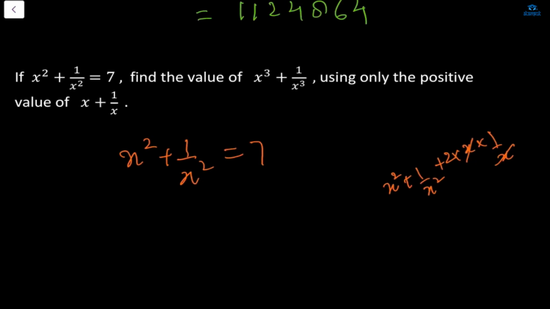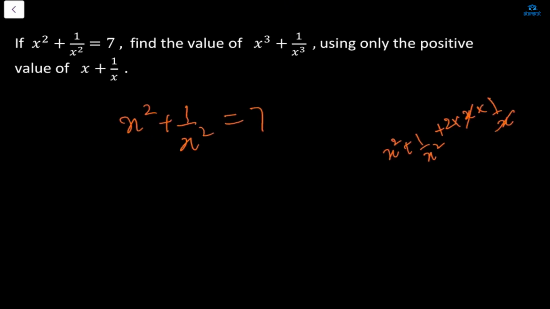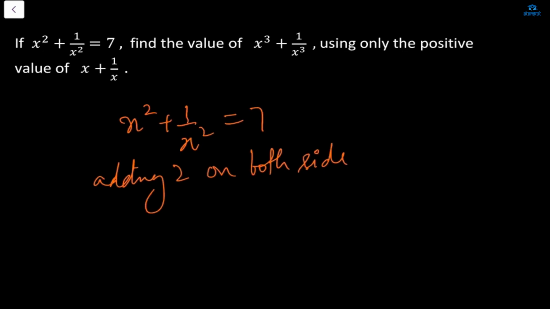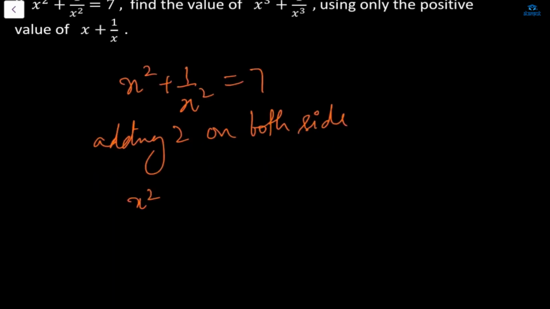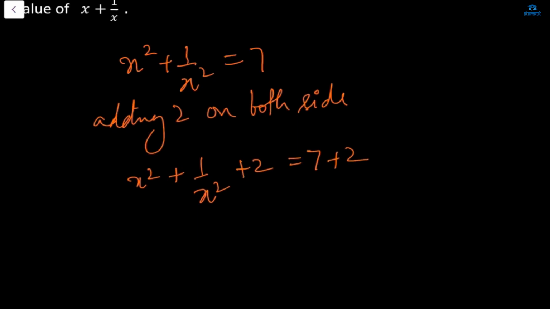So what we can do, we can add 2 on both sides. So you'll get x squared plus 1 upon x squared plus 2 is equal to 7 plus 2. So this will become (x plus 1 upon x) whole squared is equal to 9, and 9 can be written as 3 squared.